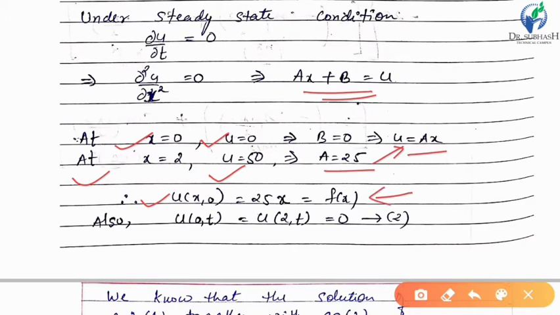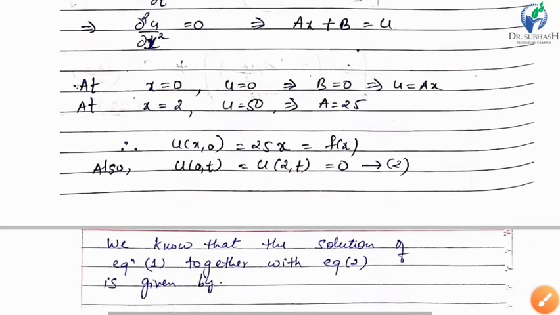This we will name f of x, because u of x,0 is always f of x. Now according to boundary conditions, u of 0,t equal to u of 2,t equal to 0. This is equation 2.